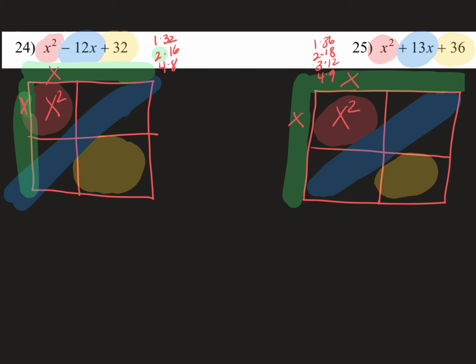Okay, and then I'm going to do positive 4 and positive 8. Those controls are too close to the side. There we go.